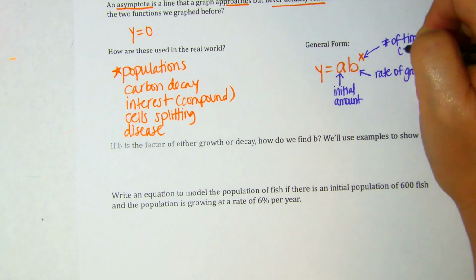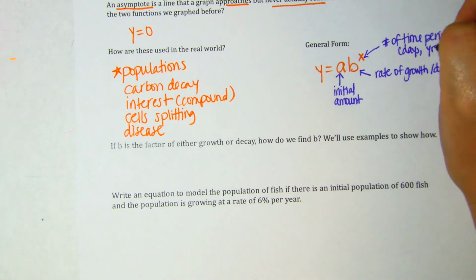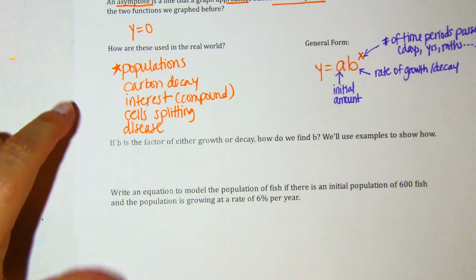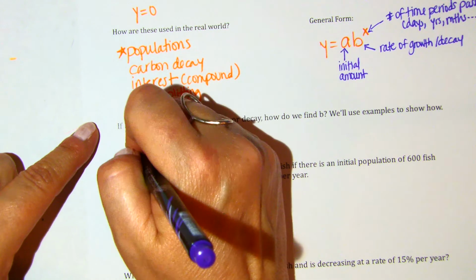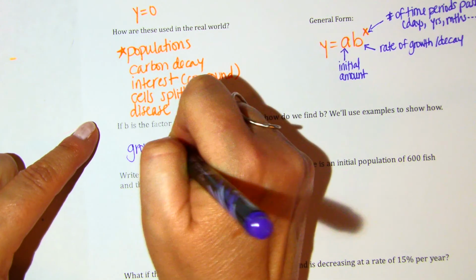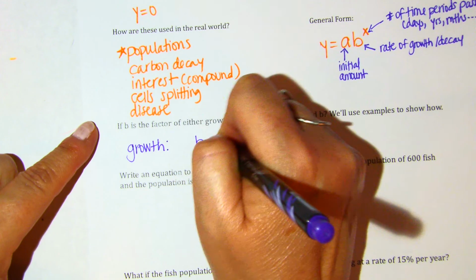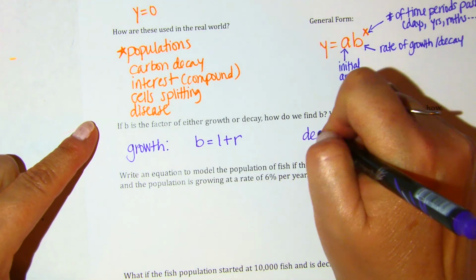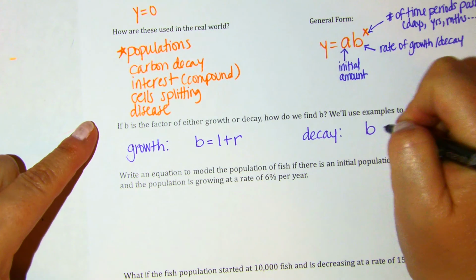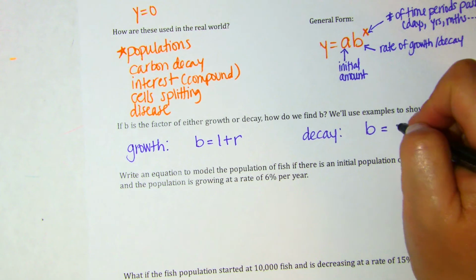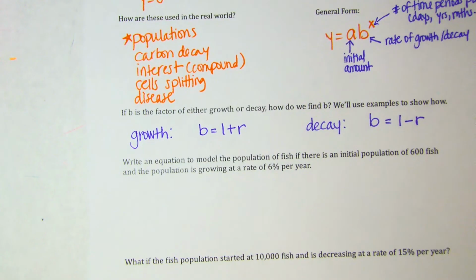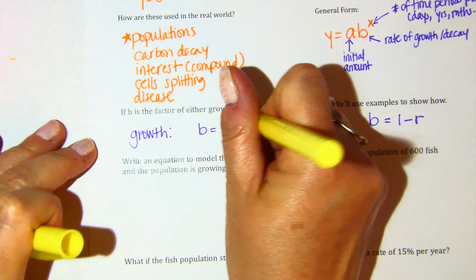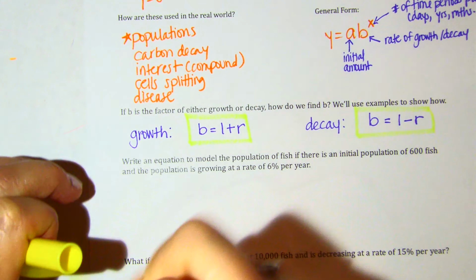That can be in days, years, months, etc. It can be in lots of different time increments. Now, to figure out your B for growth or decay: when it's growth, you take 1 plus whatever the growth rate is. When it's decay, to find B, you take 1 minus the rate. These are really important for you to figure out B for the exponential equation.